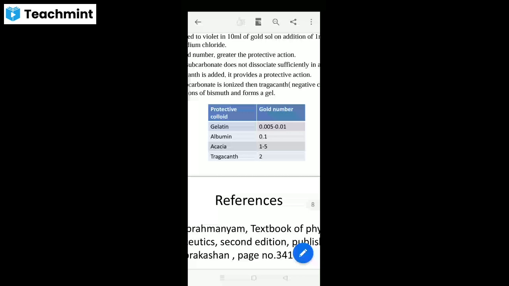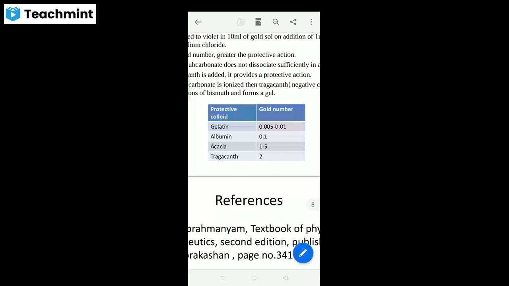If more quantity is required by tragacanth and less quantity by gelatin for the protection itself, obviously gelatin is more preferable, because with less quantity it gives the same action which tragacanth gives by adding more quantity. Although gelatin, albumin, acacia and tragacanth are all showing protective action, among all of these, gelatin is the most preferable and most powerful.